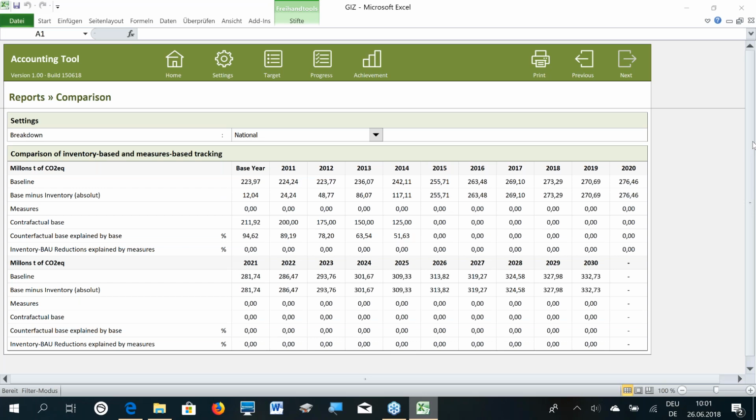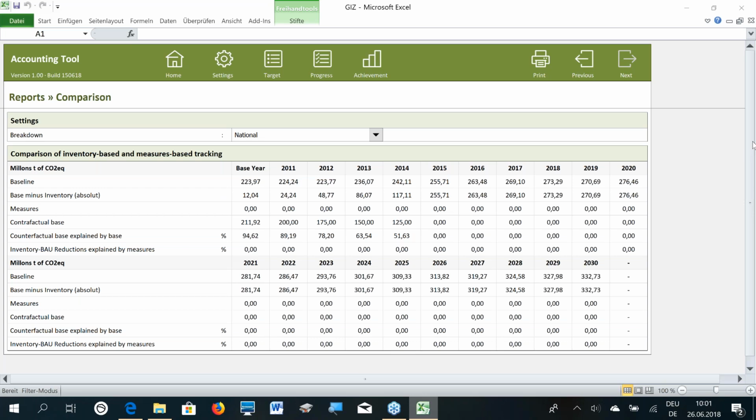This sectoral breakdown of the national NDC target, as I said, you would only apply if it helps you in tracking the achievement or implementation of the NDC.